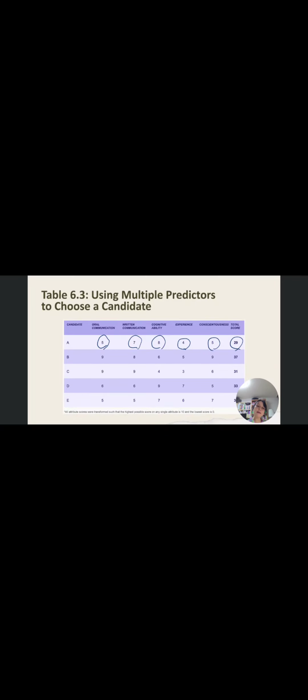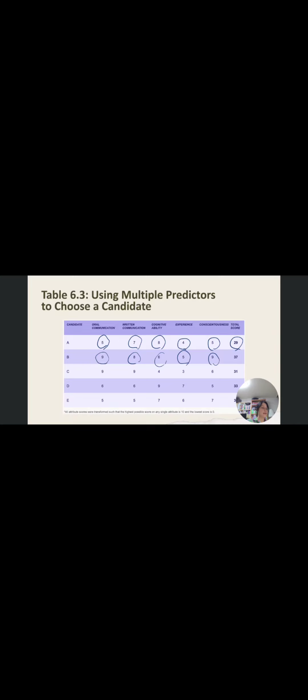So candidate B has oral communication score, written communication score, cognitive ability, experience, and conscientiousness scores. And we have scores for every candidate. Then how can we combine these scores so that we predict their job performance? How can we combine the scores to select people?